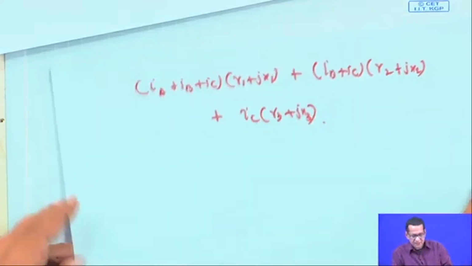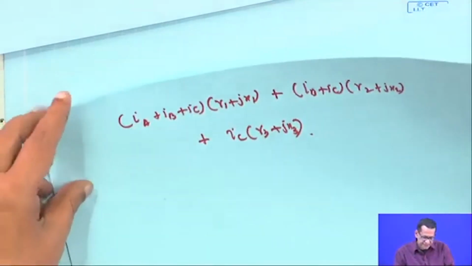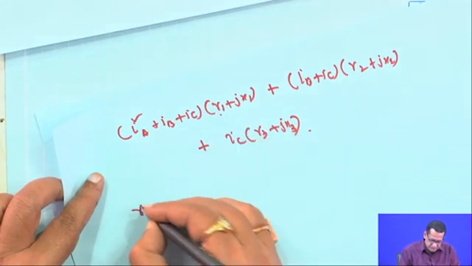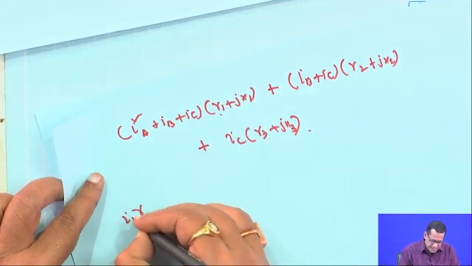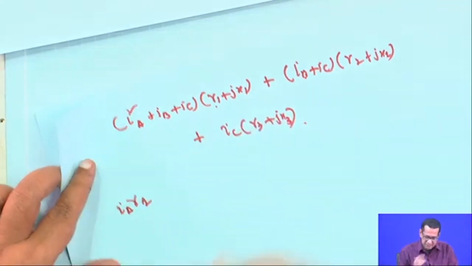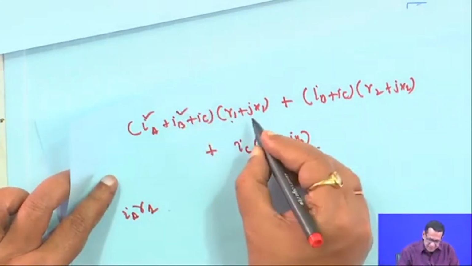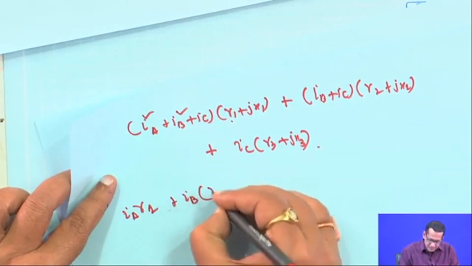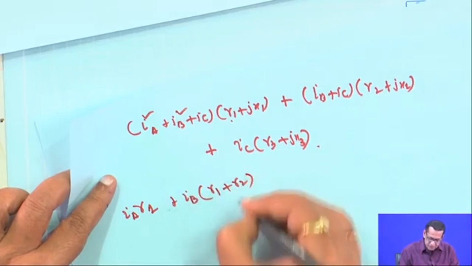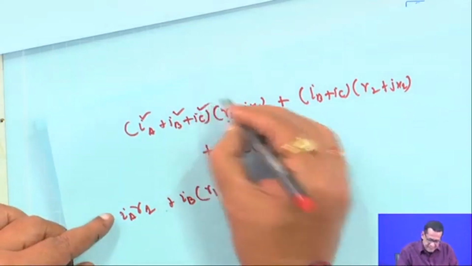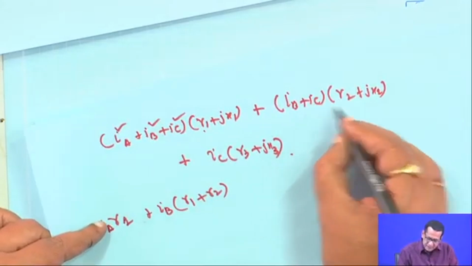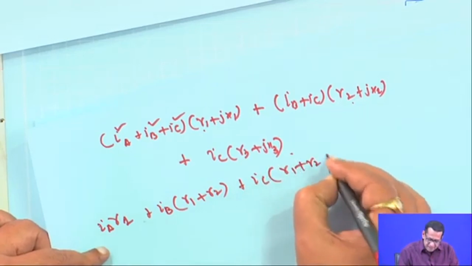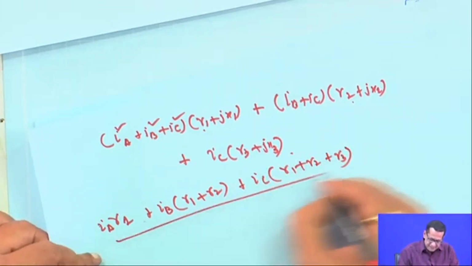If you expand this, first you see I A into R 1. Now, when you take I B into R 1 and I B into R 2, that gives I B into (R 1 plus R 2). Now I C into R 1, I C into R 2 and I C into R 3, so I C into (R 1 plus R 2 plus R 3). This is the real part.